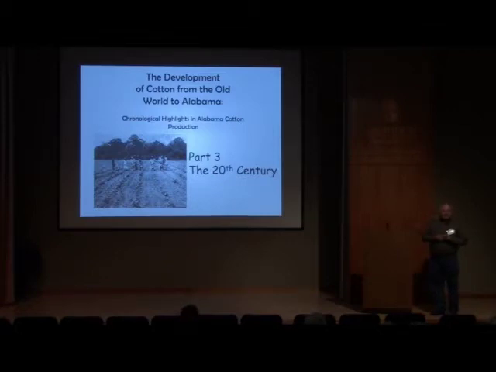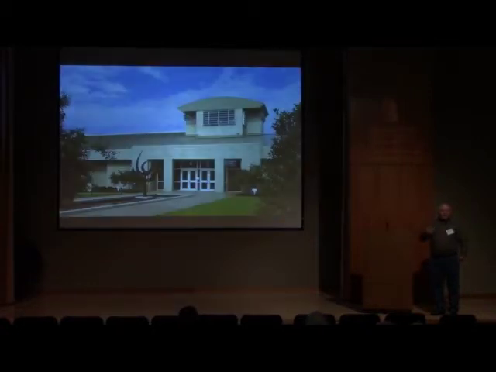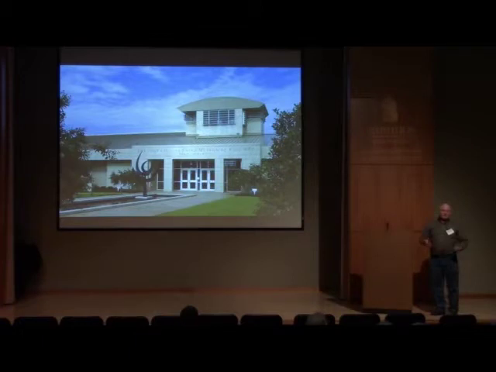Next week, we'll pick up with part 3 and start with what happened during the rest of the 20th century to Alabama cotton production and to agriculture in general of the state. And we'll finish up talking about modern agriculture in Alabama and how it contrasts with the old ways of doing things. Dr. Rod wanted to cover a few things with you.